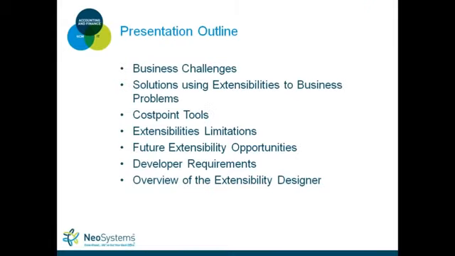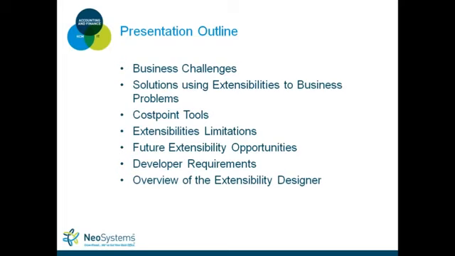First, we're going to talk about business challenges. One of the reasons extensibility is very powerful is that out-of-the-box Costpoint has a certain set of rules and a certain look and feel. Those things can be augmented with extensibility, and we can take a look at a specific problem and then solve it with extensibility. We'll take a look at those solutions using extensibility to solve these business problems and challenges that we have.